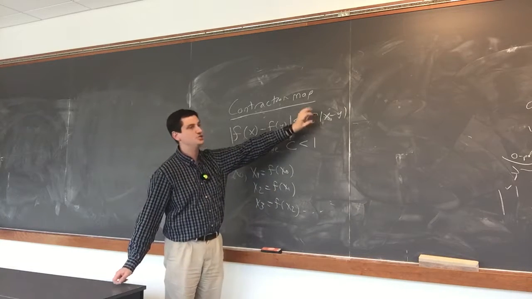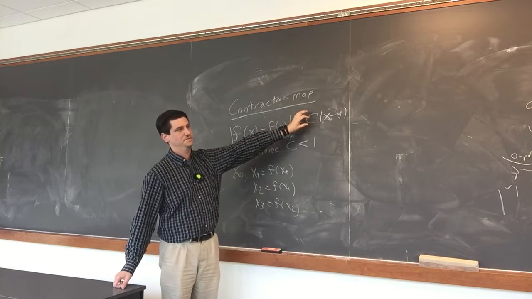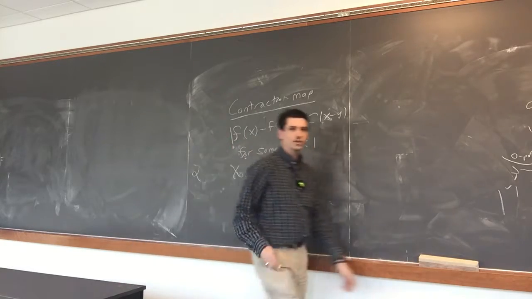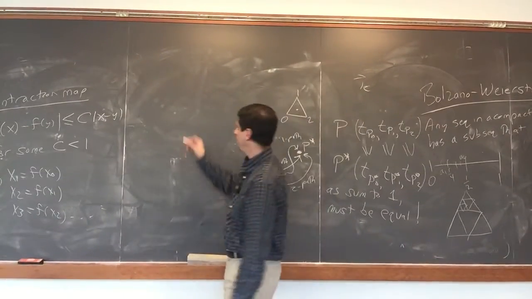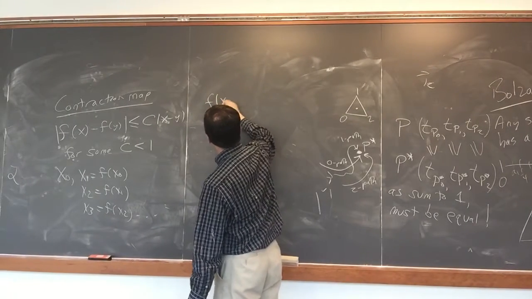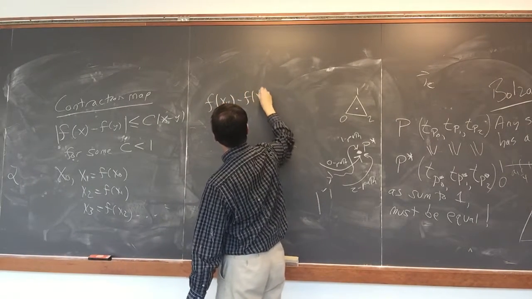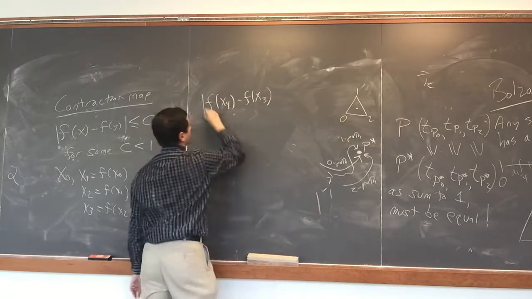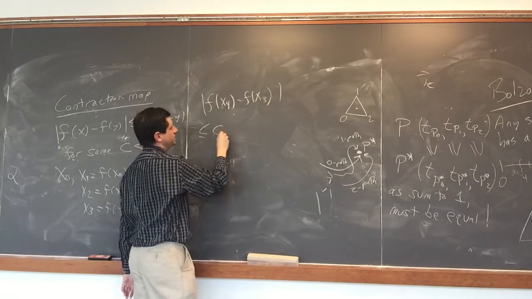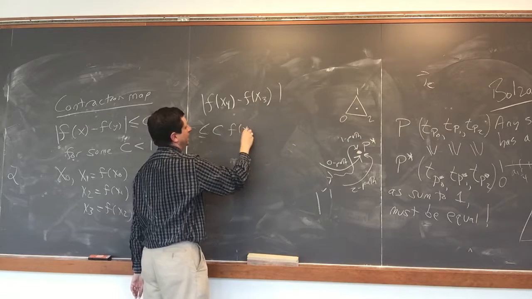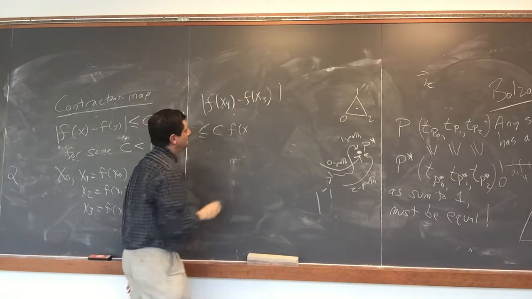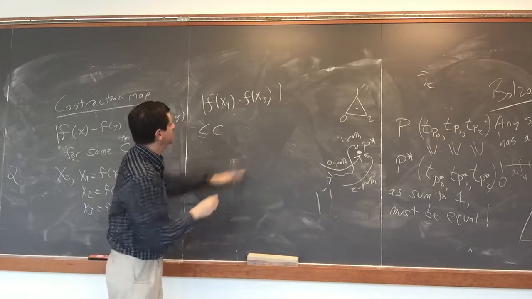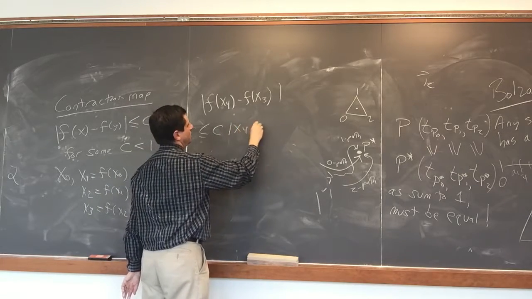And what's lurking is a geometric series. As you keep applying this, if I look at, say, f of x4 minus f of x3, this is going to be less than or equal to c times x4 minus x3.